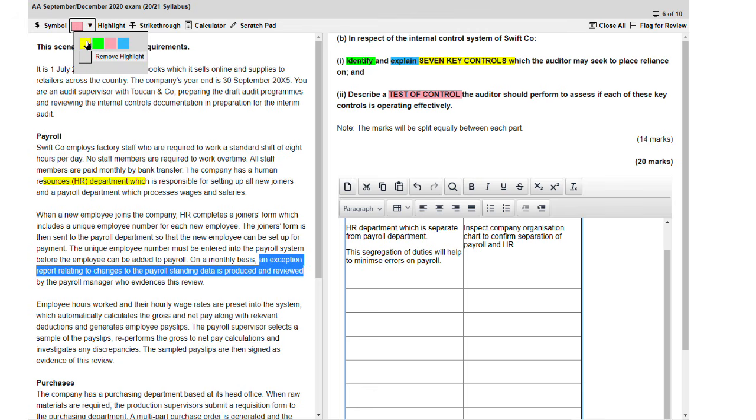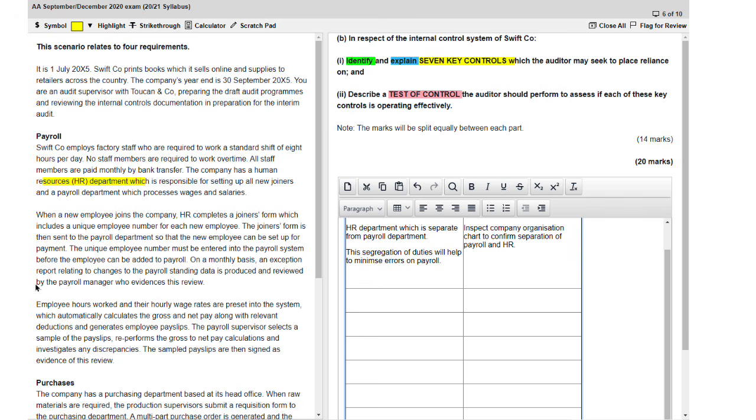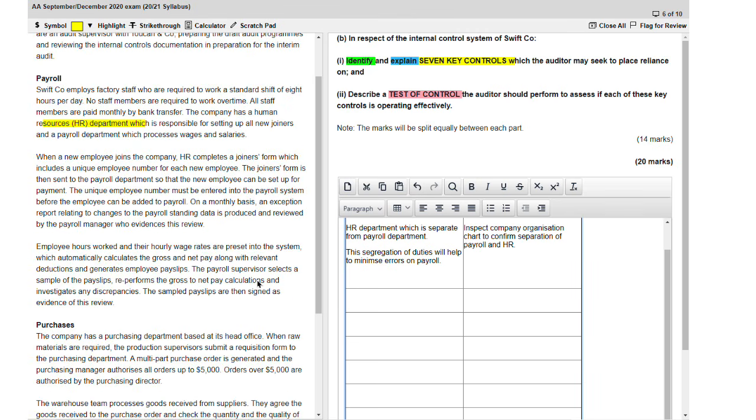Changes to standing data will be in respect of things like pay rates or new staff joining or leaving. It's those kind of things. And the key thing about this is that this is actually reviewed by someone. So someone will notice if there have been changes to pay rates or the list of leavers, the list of joiners.